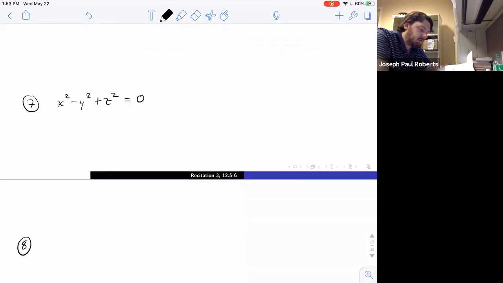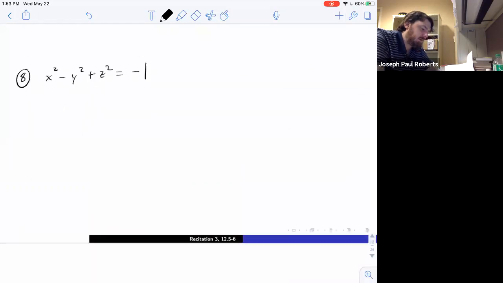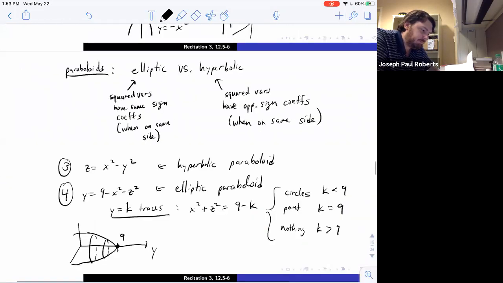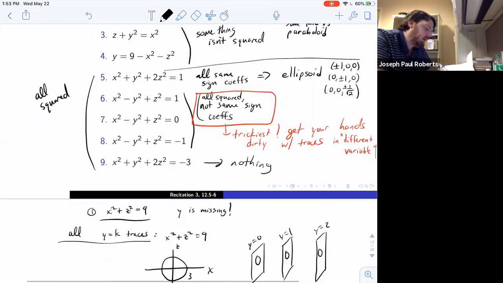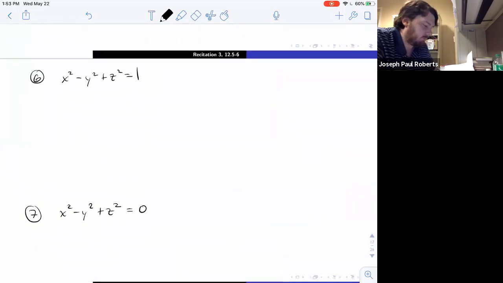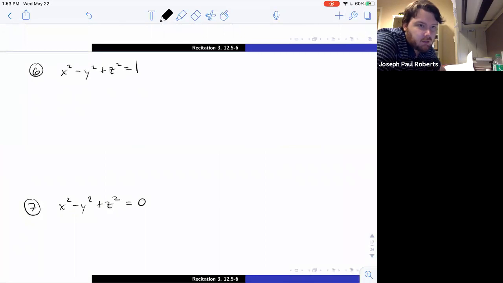And then 8 was x squared minus y squared plus z squared equals minus 1. And then I think for fun, I'll add another one after we finish these. Okay, so for all 3 of these, we're going to look at the y equals k traces.